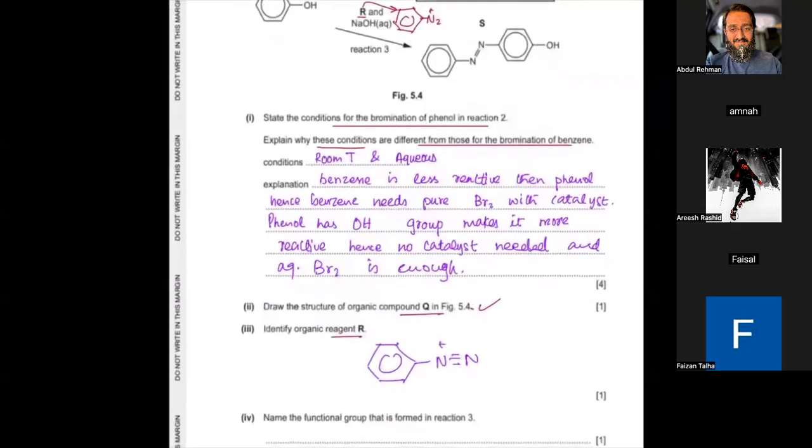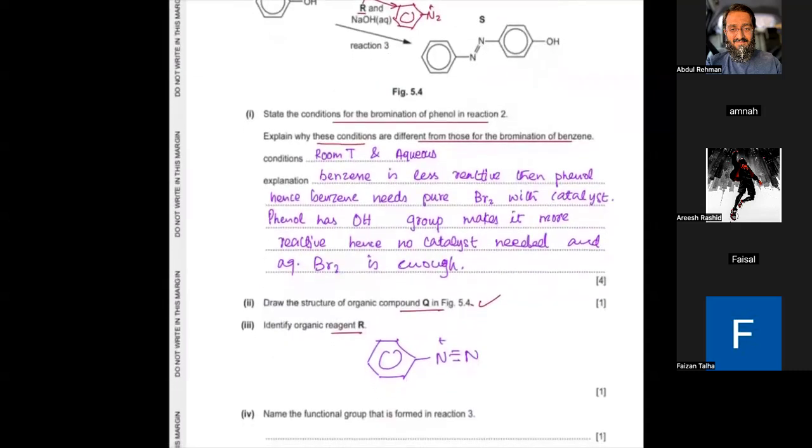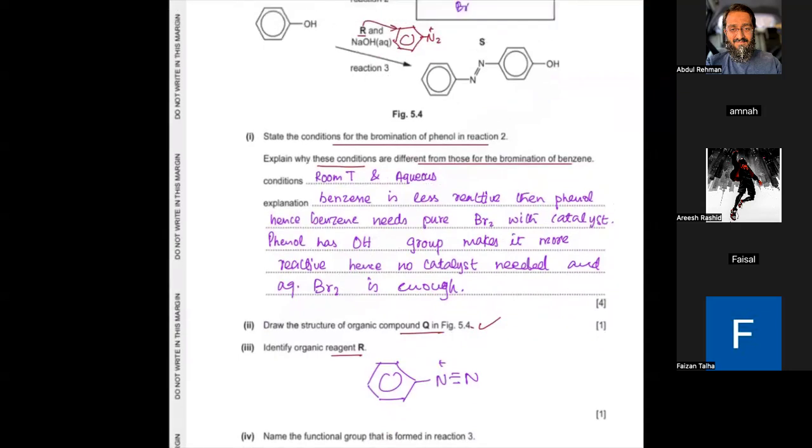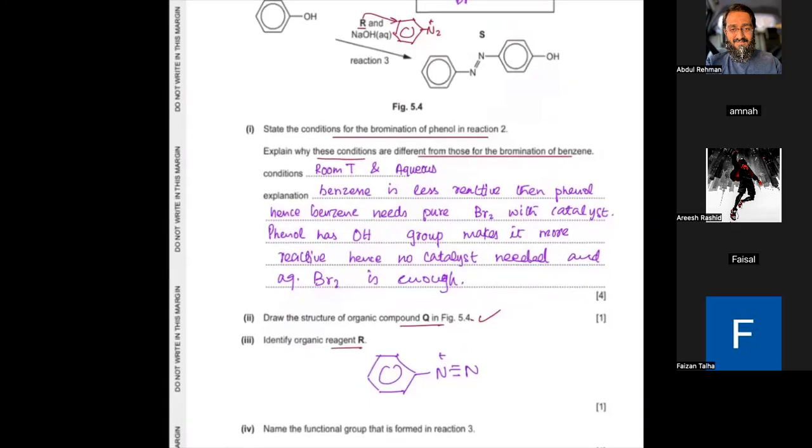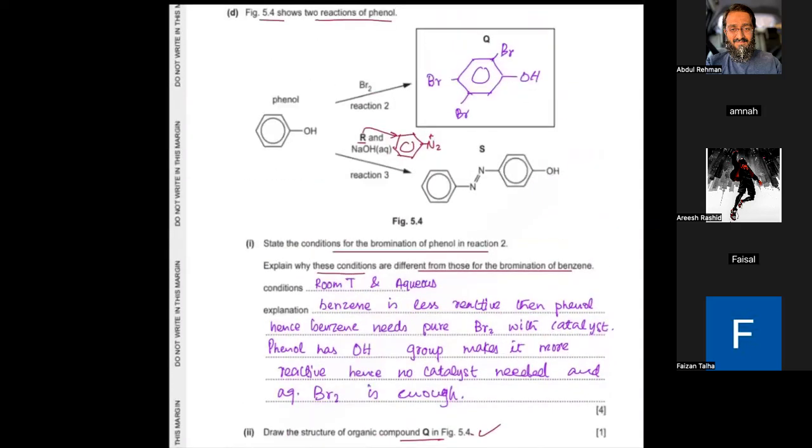You can write that it increases the electron charge density. That is enough, but no need to mention the positions 2, 4, 6. Okay, my bad. It is going to be over here.